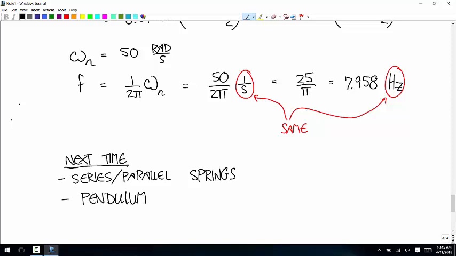Pendulum. Oh, and before that, I think I said torsion springs. A reverse pendulum. Sure, we can do that.